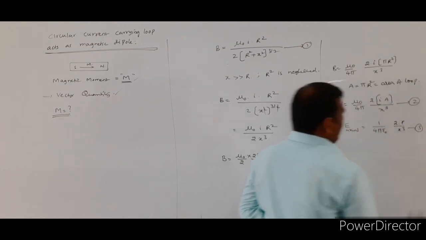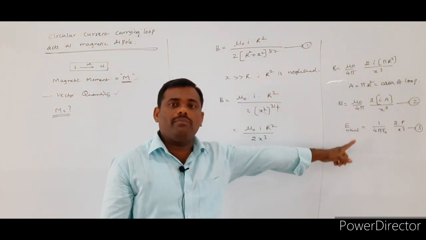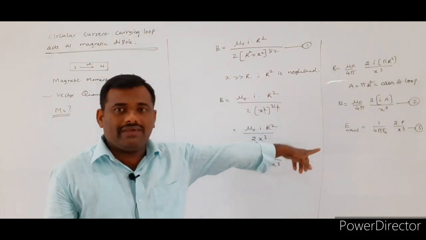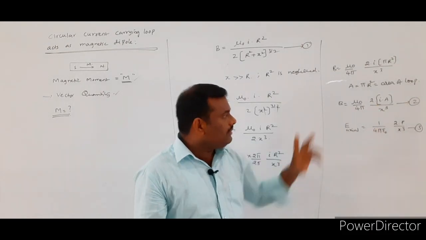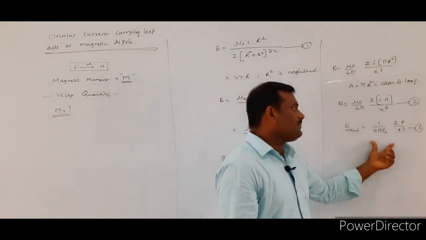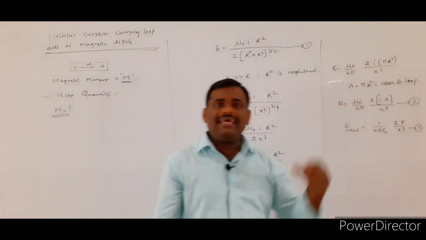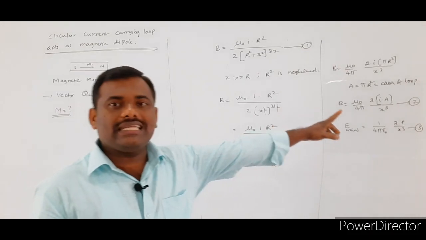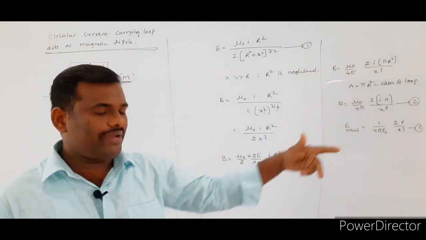We already derived this formula in the previous lesson, where p indicates the electrical dipole moment.